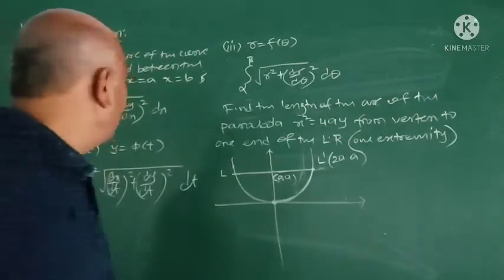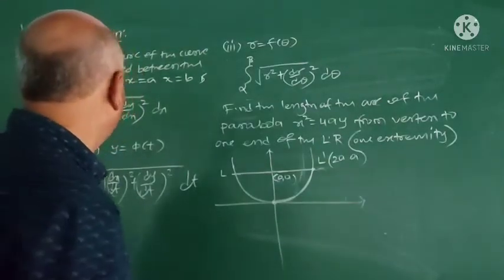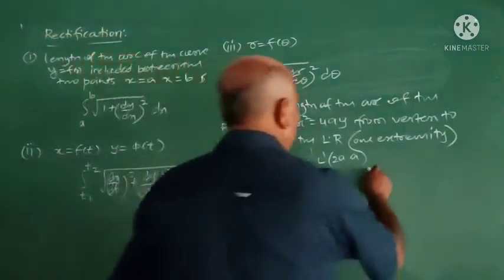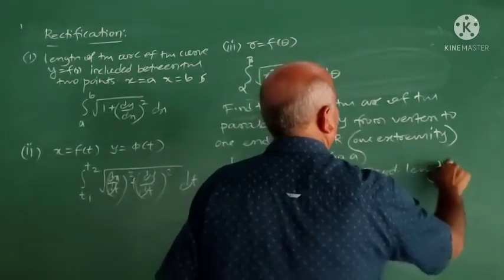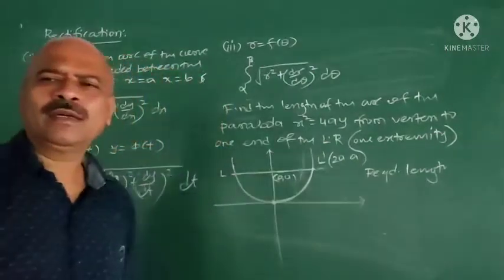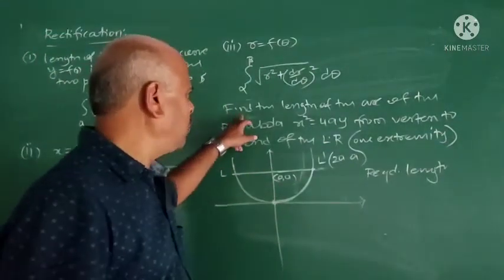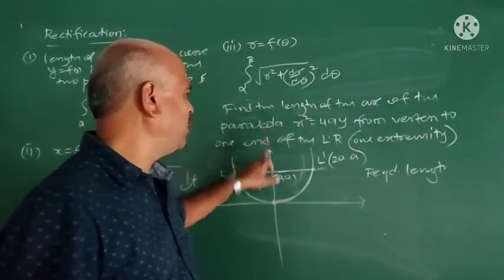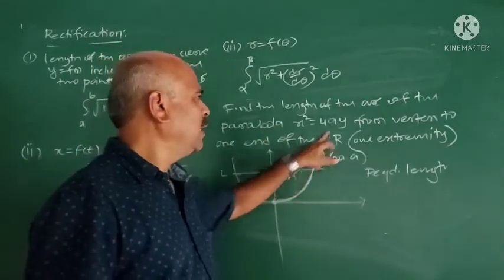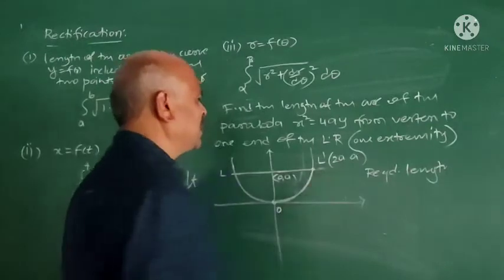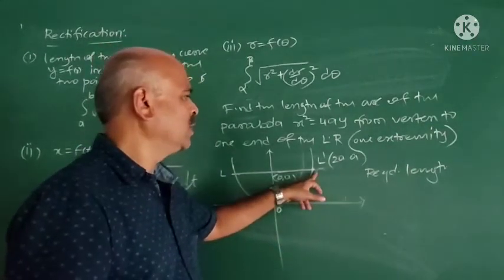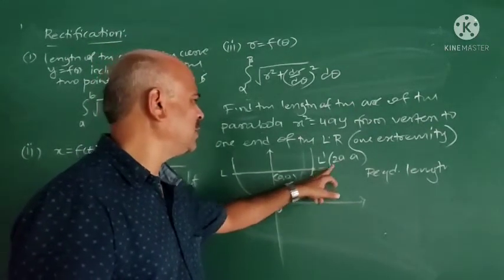So how do you apply the formula here? Formula is required length is. All of you understood the problem here? What is the problem? Find the length of the arc of the parabola x square is 4ay, from vertex means this origin, to one extremity of the latus rectum. This latus rectum is 2a.